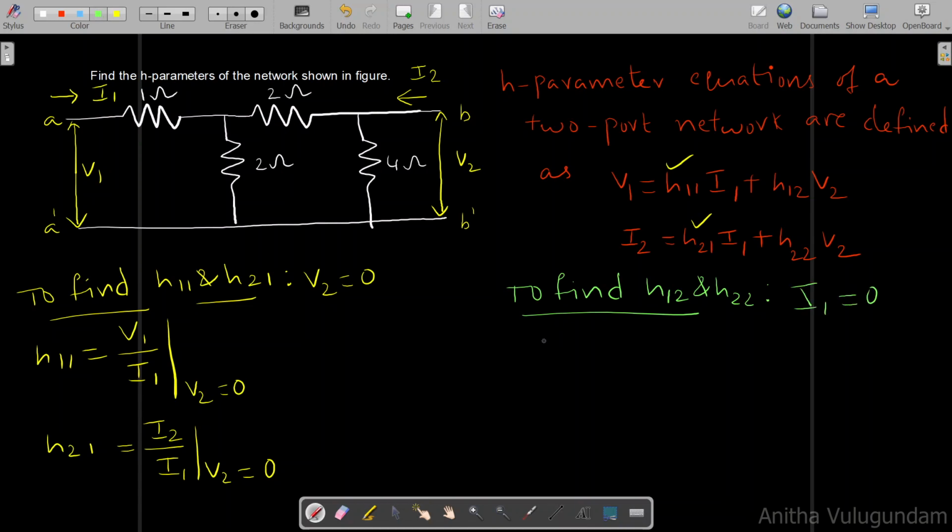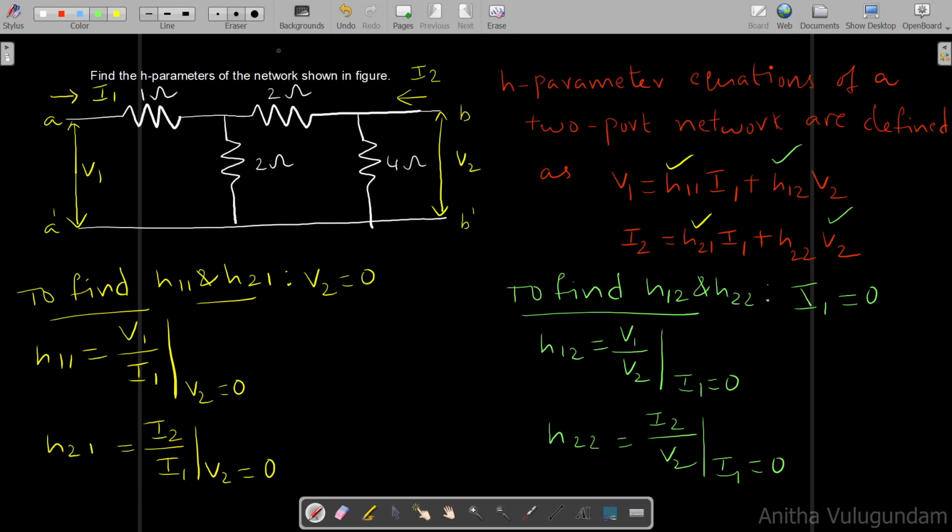So H12 can be written as V1 by V2 when I1 equal to 0, and H22 equal to I2 divided by V2 when I1 equal to 0. We will redraw the circuit diagram for this case and this case.